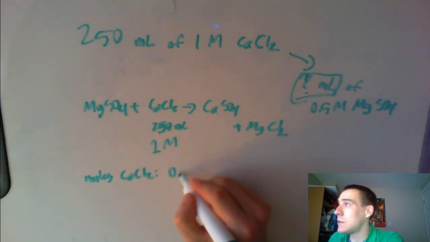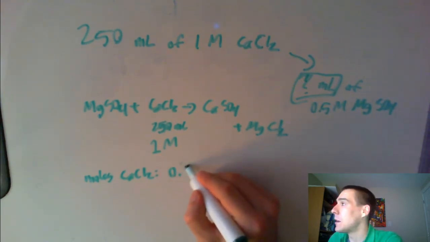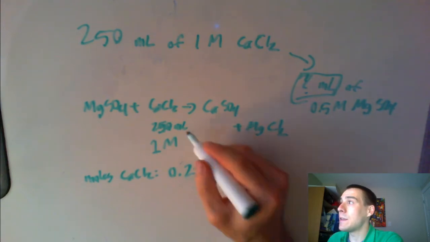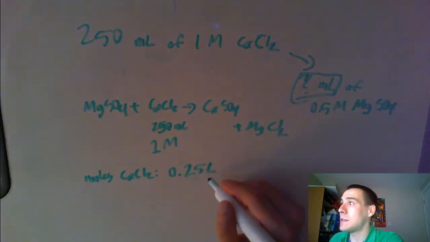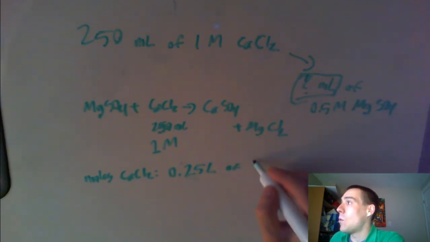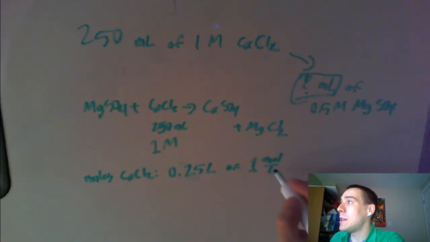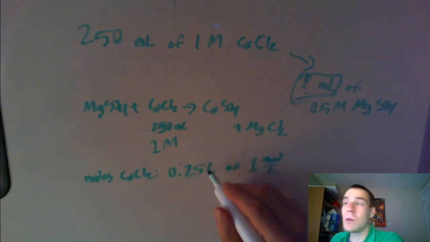We have 0.25 liters of it. That's the 250 milliliters, a quarter of a liter, of 1 mole per liter. So if 1 liter has 1 mole, we have a quarter of a liter.